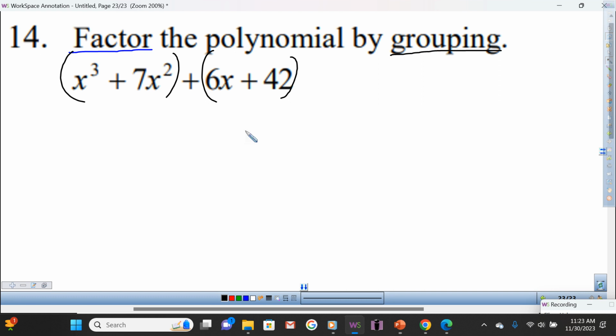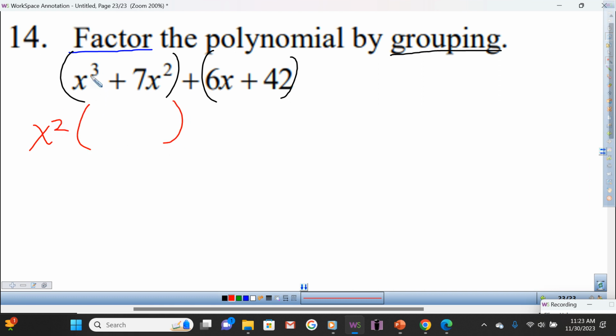All right. So now we check each group and see if it has a GCF. Look at these two. Is there a GCF here? Yes, they both have x's, and both of them have at least two of them, so it's x squared.